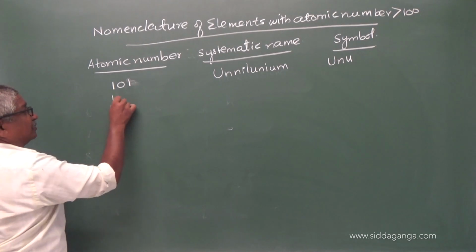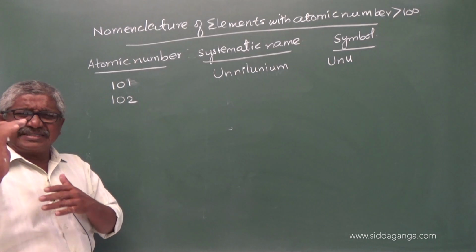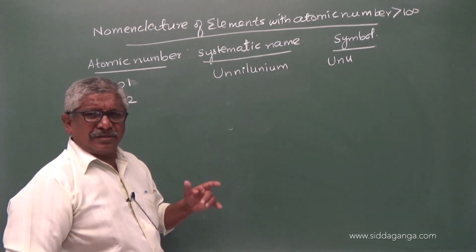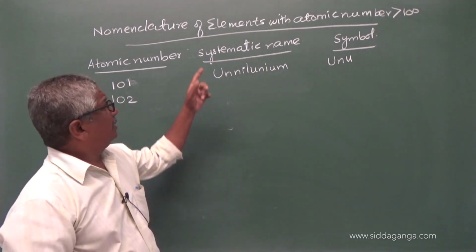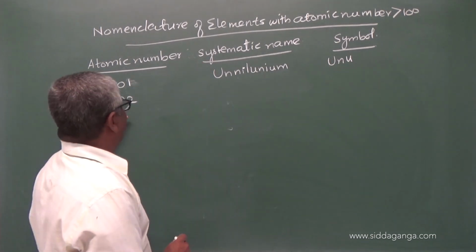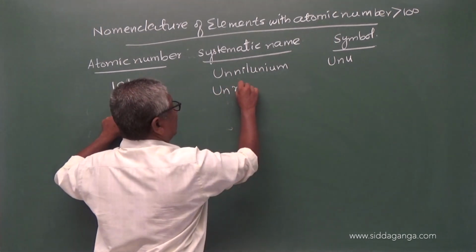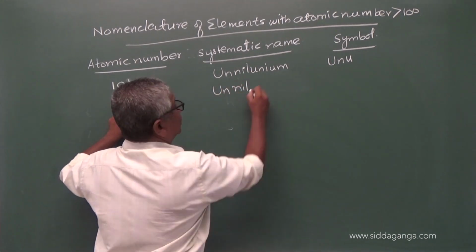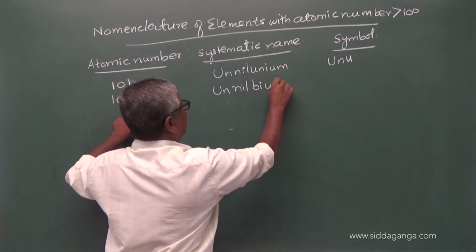If it is 102, now we can get a little idea about naming with the Latin words. 1 indicates un, 0 indicates nil, 2 indicates bi, then um.